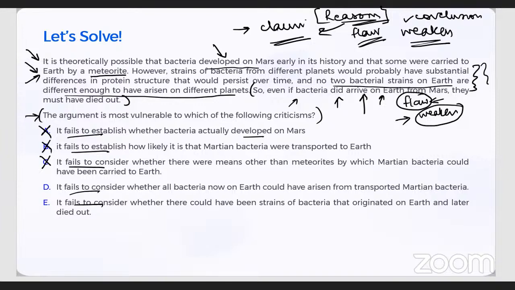So what's happening here is the author is saying that there are no two bacterial strains on Earth that are different enough to have arisen on other planets. And that's why, if they did arrive on Earth from Mars, they have died out. What they're not taking into consideration is that probably all the bacteria that we now presently have on Earth actually are Martian bacteria. That's why you can't find any difference in the bacteria. This is something that the author has not taken into consideration. This is the weakness. This is the flaw in the reasoning.